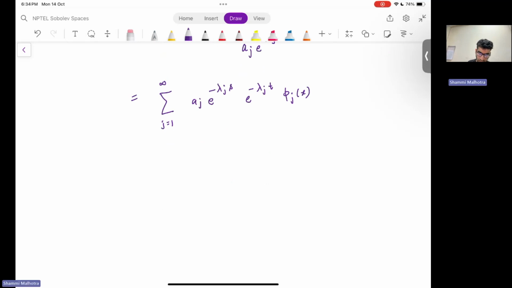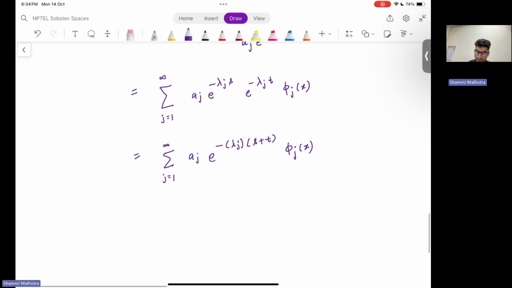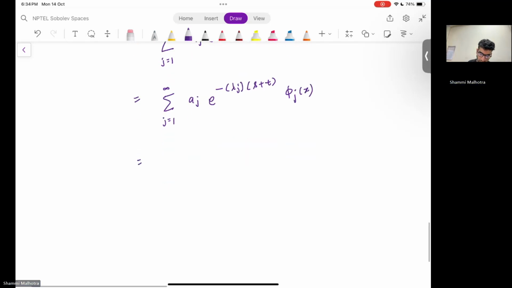And all of this eventually is nothing but summation J from 1 to infinity A_J e^(-lambda_J (s+t)) phi_J(x). But this is nothing but the definition of T(t+s) applied to g(x).